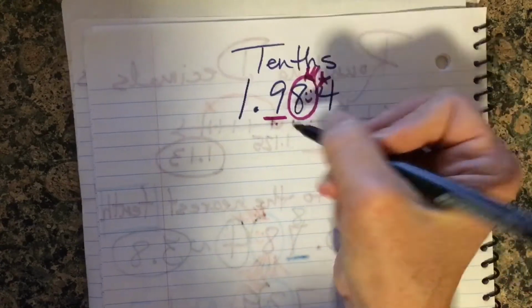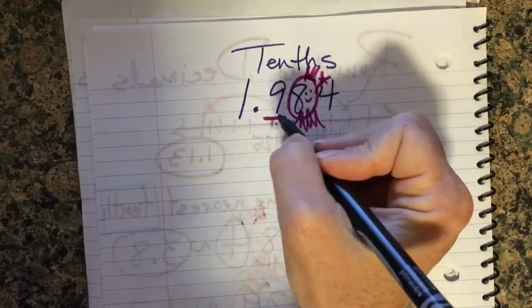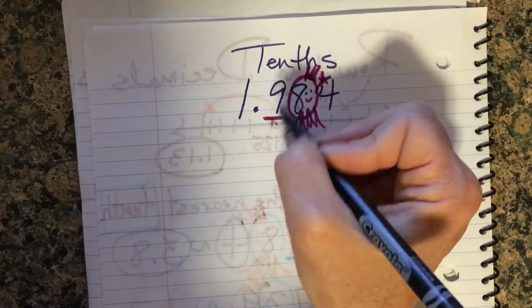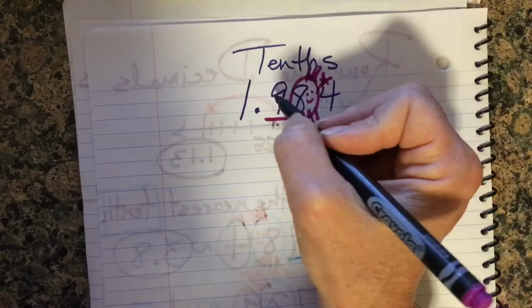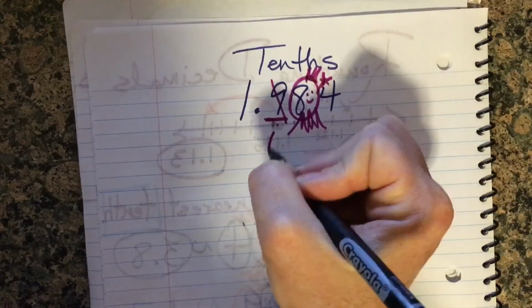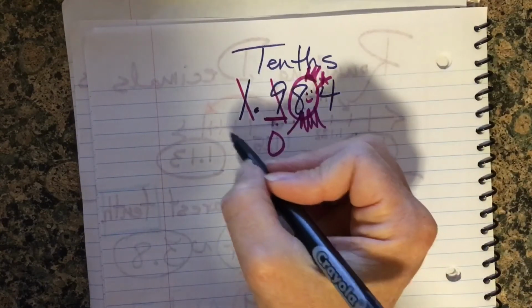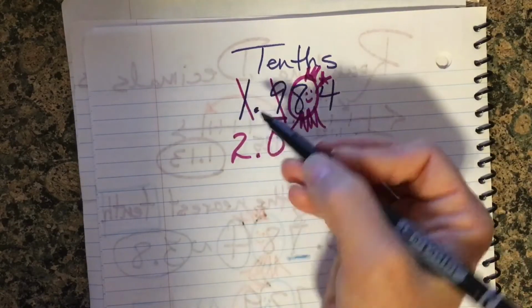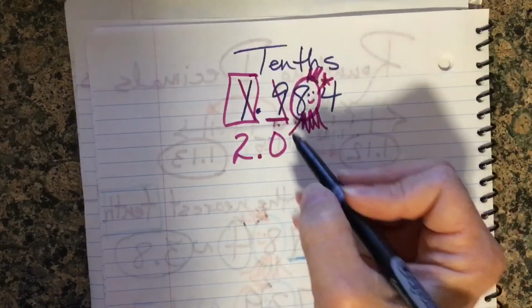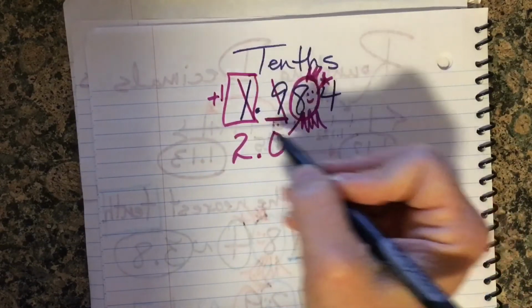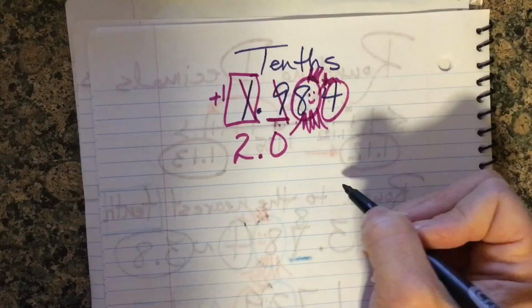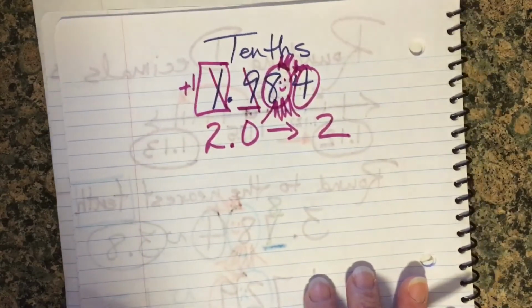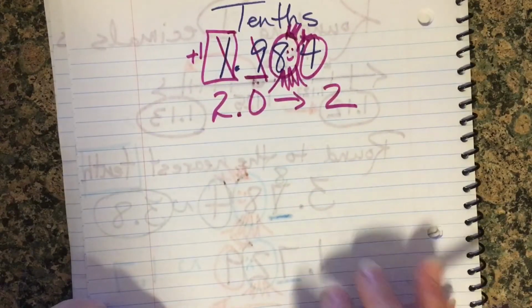Well, now we have a problem because I can't put a 10 in the tenths place. So when this happens, when Cinderella is a 9, you have to cross her out and make her a 0 and cross out the next place value spot to the left and make this one 1 higher because we're adding 1 to the ones place. And all these go away. I could also just round it to 2. Sometimes they keep the decimals, sometimes they don't.